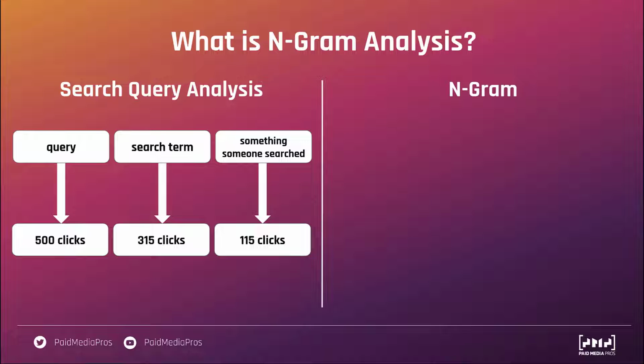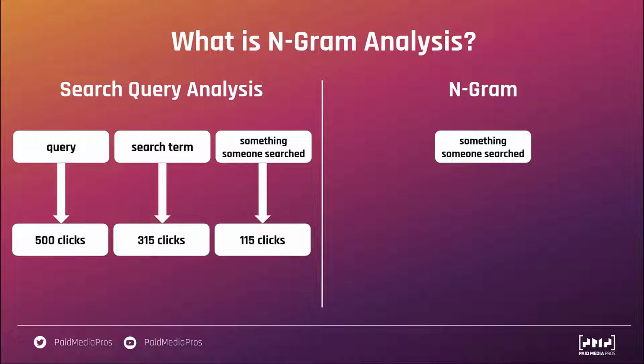In an n-gram analysis, let's focus just on one of these terms, something someone searched. This is a very simplified example where I've only shown 3 search queries, but in theory, if your account has lots of different keywords targeting similar or close variants of each other, you're likely going to see a lot of the individual words within this search query show up in lots of different search queries. So what an n-gram analysis does is helps you break that down into requisite parts.